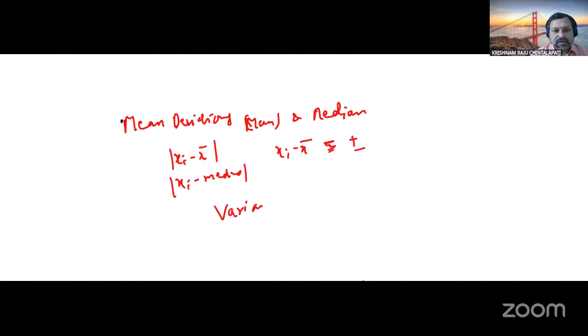In variance, by squaring xi minus x bar, you get all positive terms only. We don't get any negative. Clear?